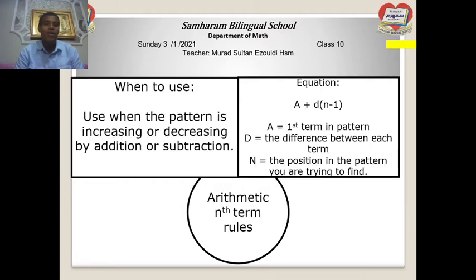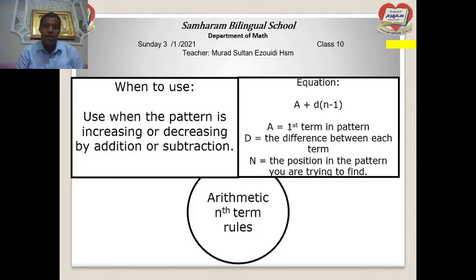When the pattern is increasing or decreasing by adding or subtracting, the equation is a plus d multiplied by n minus 1. A here, my learners, is the first term in the pattern. D is the difference between two consecutive terms, and n is the position in the pattern you are trying to find.